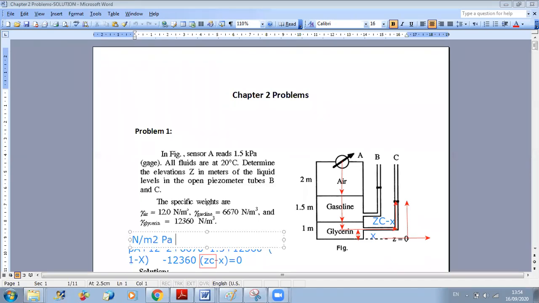So you replace PA by 1,500, because your gammas are given in Newton per meter cube. If gamma is given in kilonewton per meter cube, then you replace PA by what? By kilopascal. Okay, so pay attention to have same units in your equations.